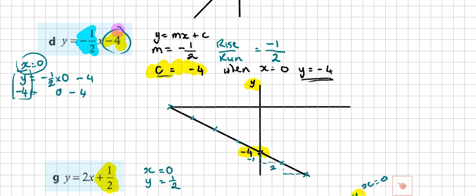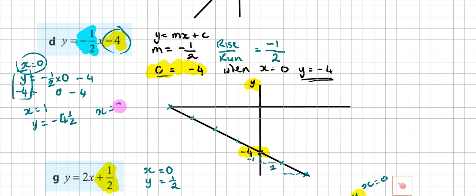Now what happens if I say x equals 1? It would be -1/2 times 1, which is -1/2, and we add that to -4. So y would equal -4.5.